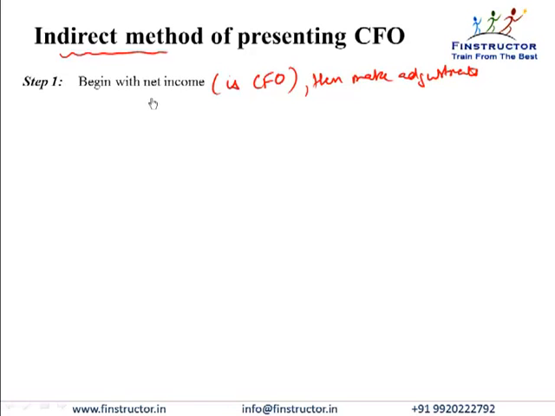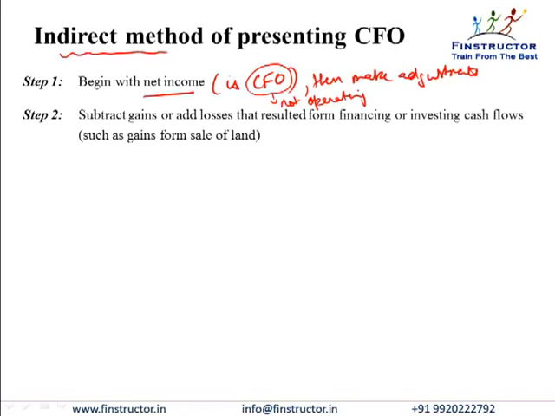So the beginning assumption is that net income is my CFO. However, there are components of the net income that are not operating in nature. For example, if there is a gain on sale of land or the gain on sale of plant and equipment, then that part of the net income is not operating in nature, so that has to be knocked off.